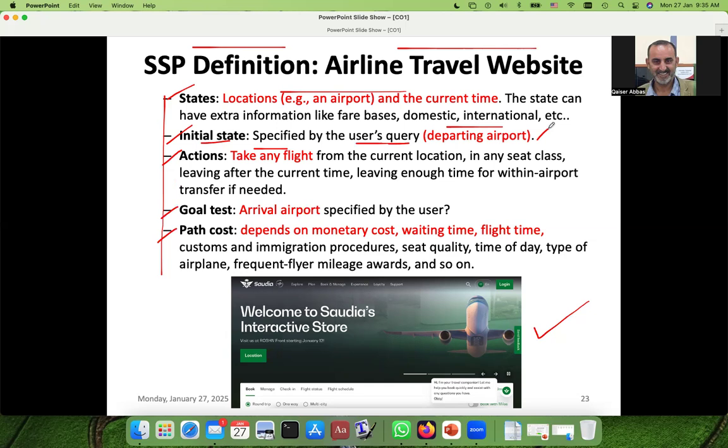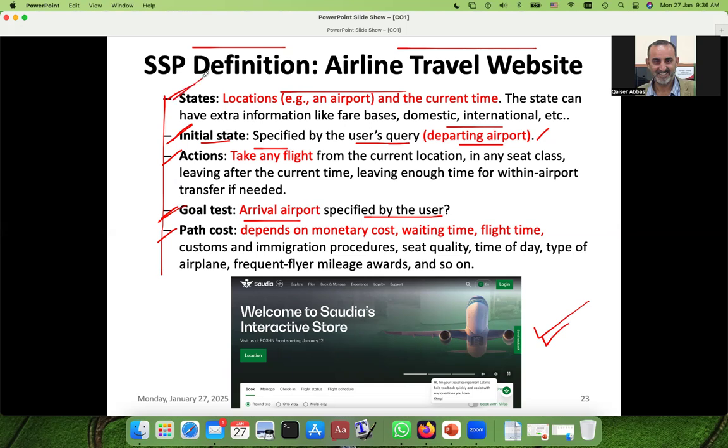For example, if I am going from here, Medina, to Pakistan, maybe Islamabad, then Medina is my departing airport. This is my initial state, and Islamabad is my destination. And the goal state is what? Arrival airport, where I am going. That destination would be specified by the user on the website where you are going to search and book a flight.